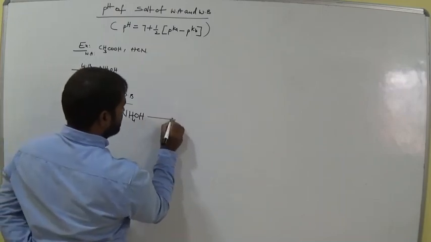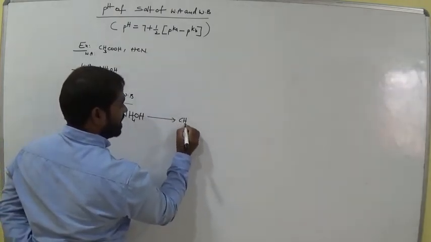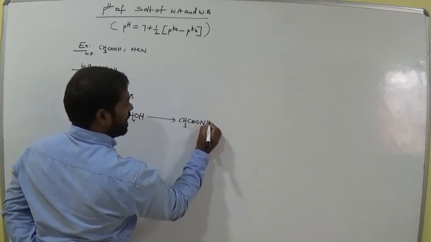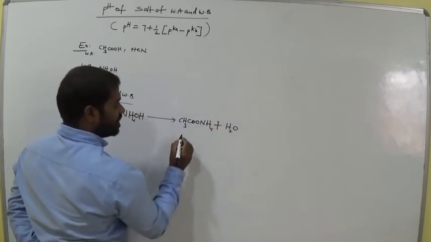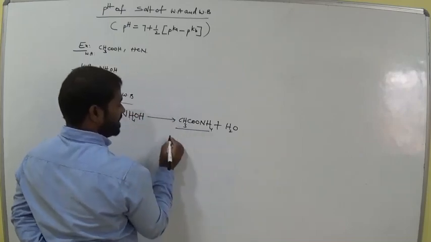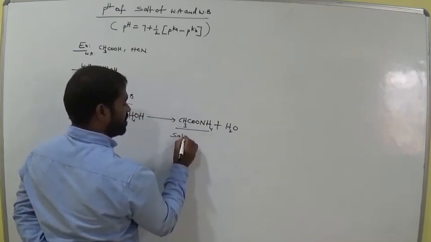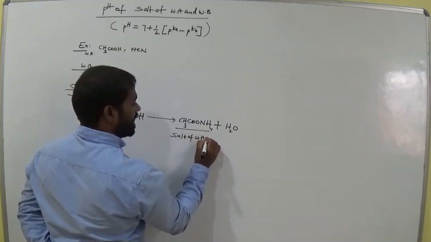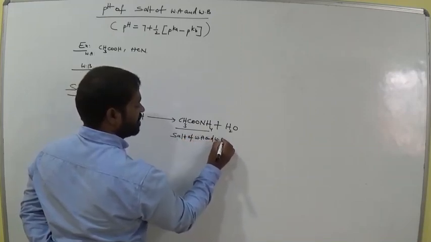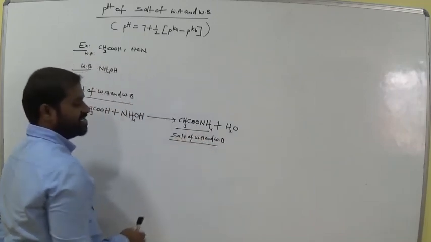Now this gives rise to CH3COONH4 and H2O, am I right? This is the salt, ammonium acetate, the salt of weak acid and weak base. Now we need the pH of this.